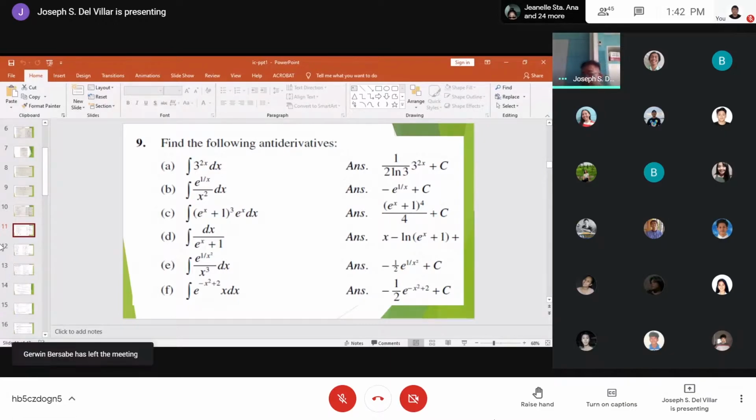And then, if that is the differential, then solve. Okay, everybody solve letter B.